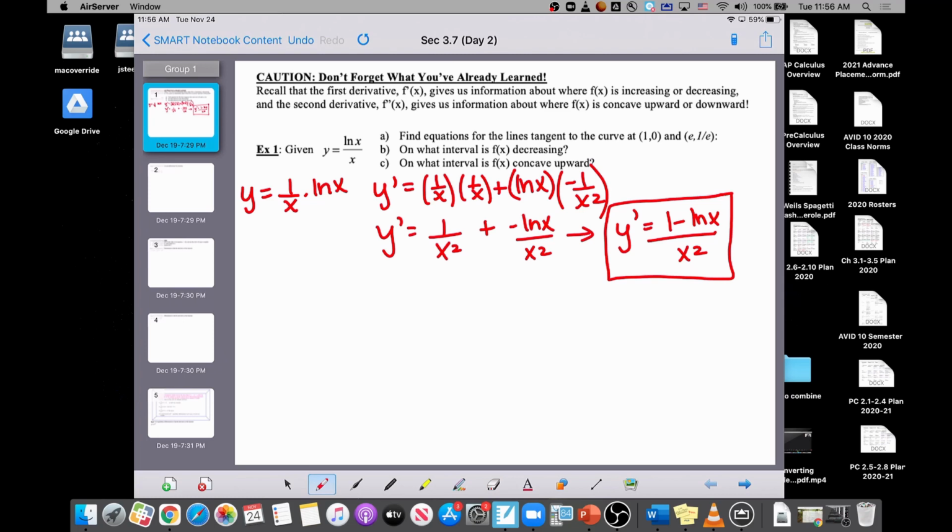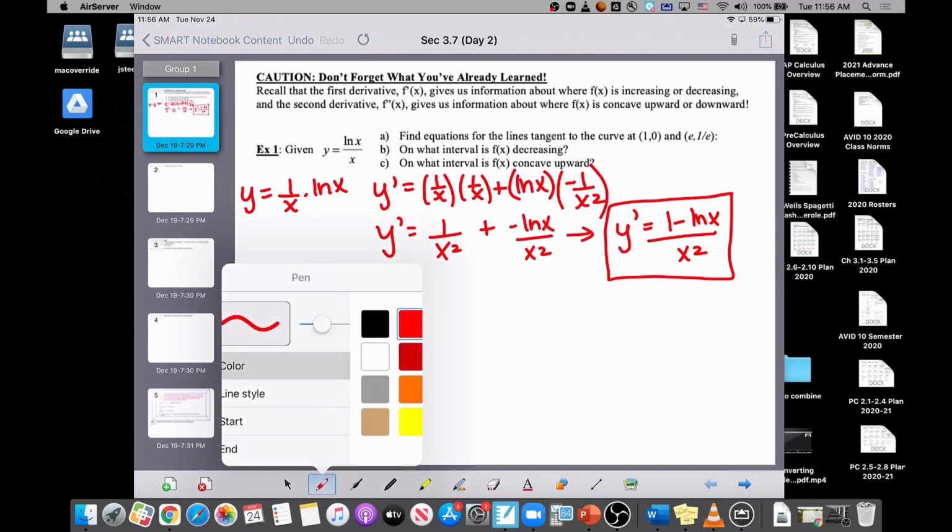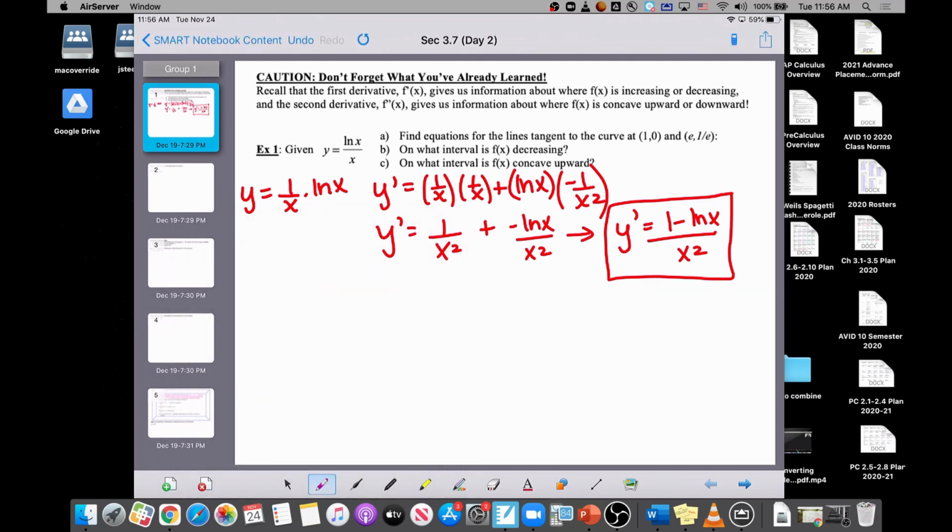Okay, so there's my first derivative, which I'm going to be using for both part A and part B. Part A wants us to find the equations for the tangent lines to the curve at (1, 0) and at (e, 1/e). So let's start with (1, 0). I have my point. My point is (1, 0). I need my slope. So my slope is going to be equal to y prime of 1, which is going to be equal to 1 minus natural log of 1 divided by 1 squared.